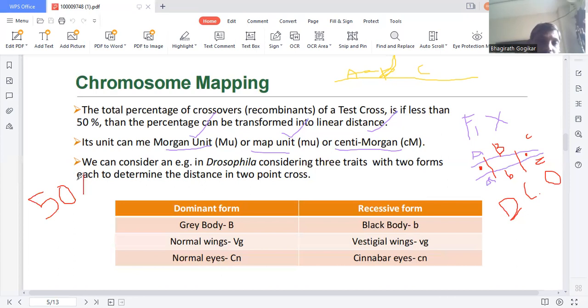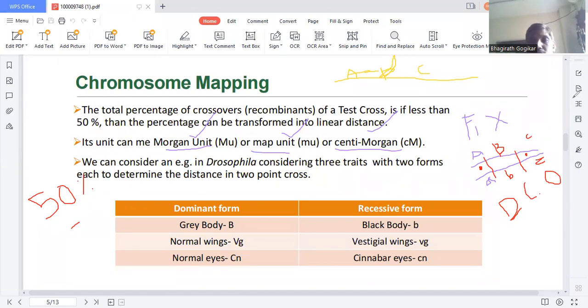This is a very, very important point. Naturally, we can see crossing over of 1%, 2% or 4% in many organisms, but the value never exceeds 50%. Remember this point.